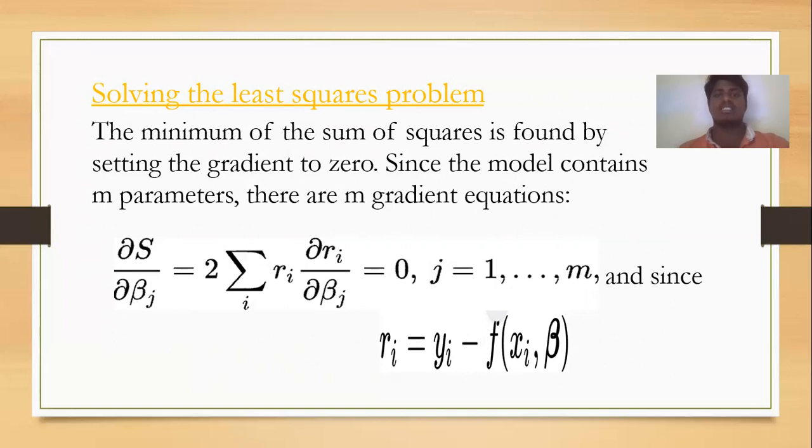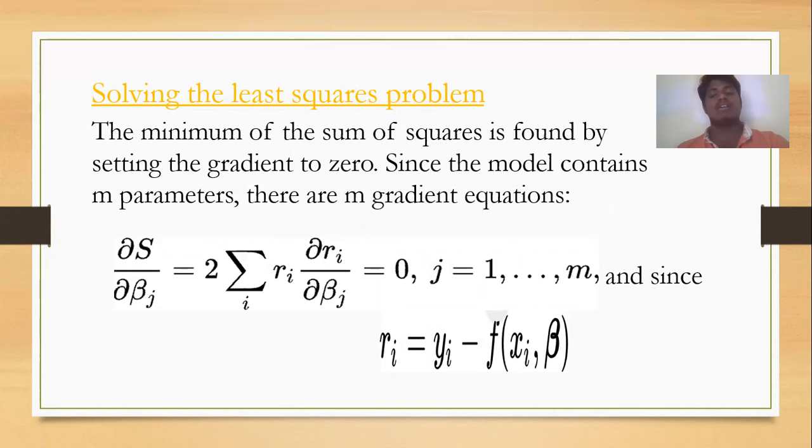The minimum of the sum of squares is found by setting the gradient to 0. Since the model contains m parameters, there are m gradient equations. We can see the formula: dou S by dou beta j equal to 2 summation of i, r_i times dou r_i by dou beta j, that is equal to 0.